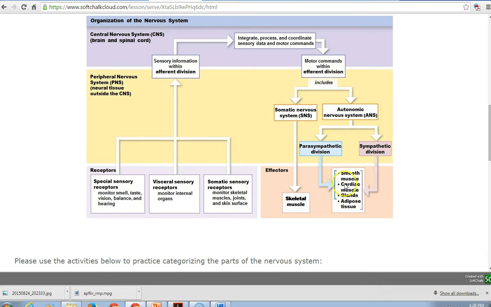Cardiac muscle, that's your heart muscle. Glands, so for example, sweat glands. Adipose tissue is your fat tissue. So if any of these are the things that are responding, then you're part of the autonomic nervous system. And we'll talk in a minute about the difference between parasympathetic and sympathetic. Okay. But these are motor commands. These are the different divisions and what belongs there.